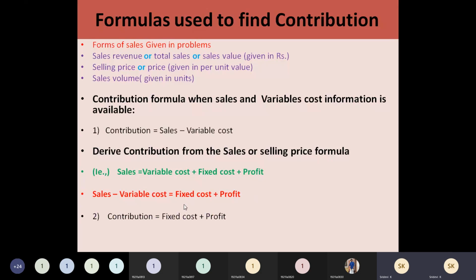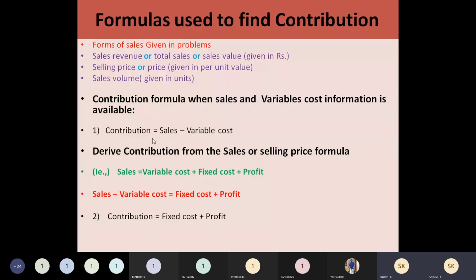Then you use this second formula. So like that, if you keep one formula in mind, you can get the other one also. You can derive the other formula also.